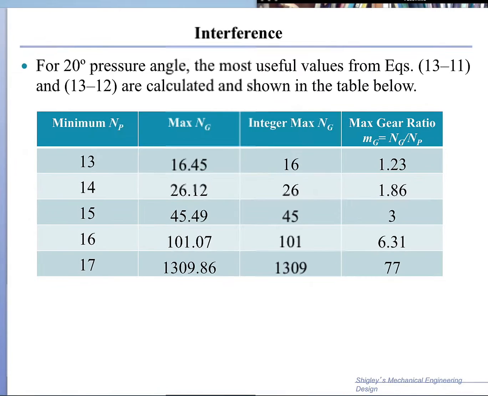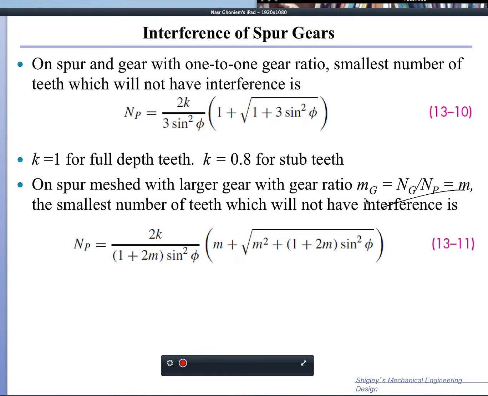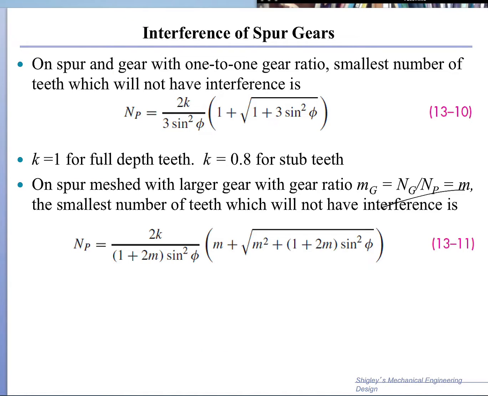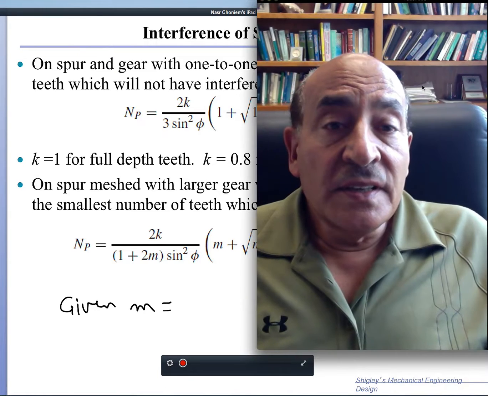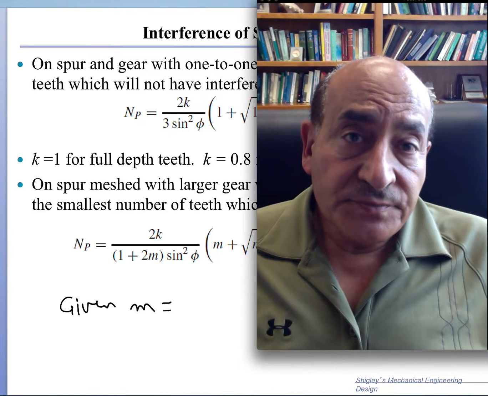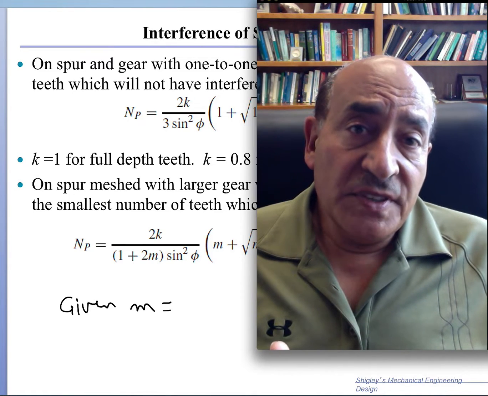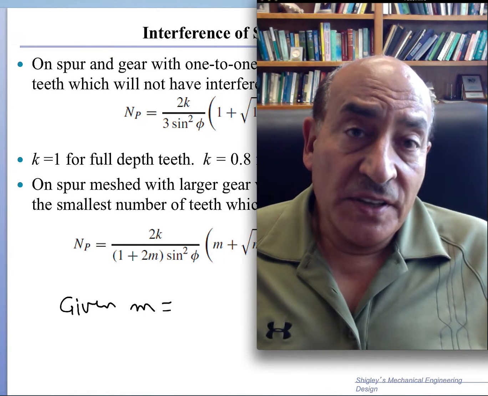So if I go back to the equations, in this equation, what is given is m, the gear ratio. So you want a speed reducer, and you want to reduce the speed by a factor of 10. So m, the gear ratio, is the ratio of the number of teeth on the gear divided by the number of teeth on the pinion.